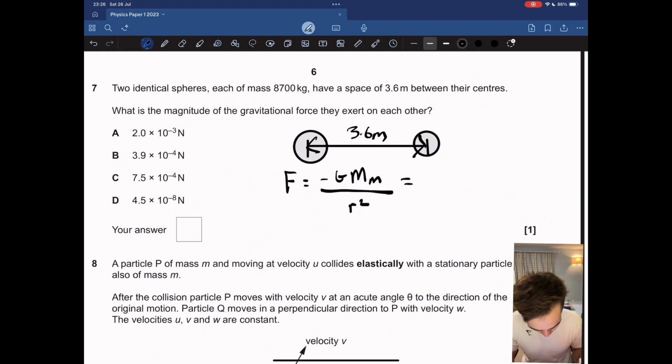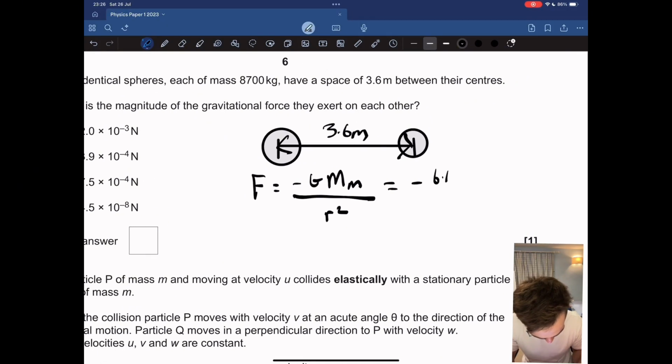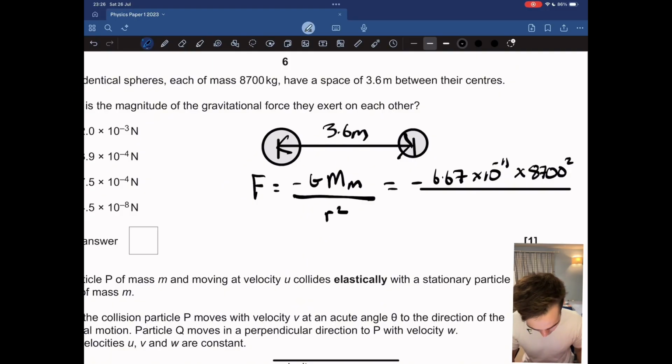So this is minus 6.67 times 10 to the minus 11, the masses are the same so we can square it, and the distance is 3.6 squared, which equals about 3.9 times 10 to the minus 4, in newtons.